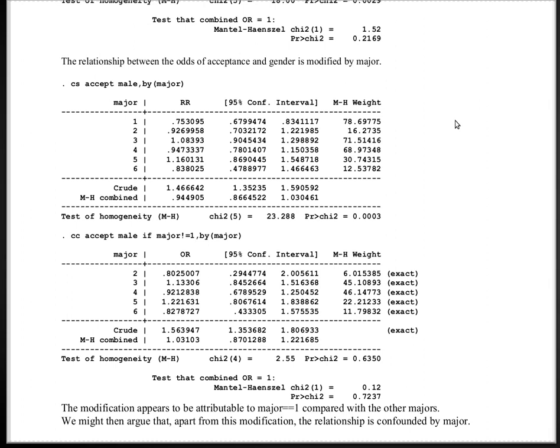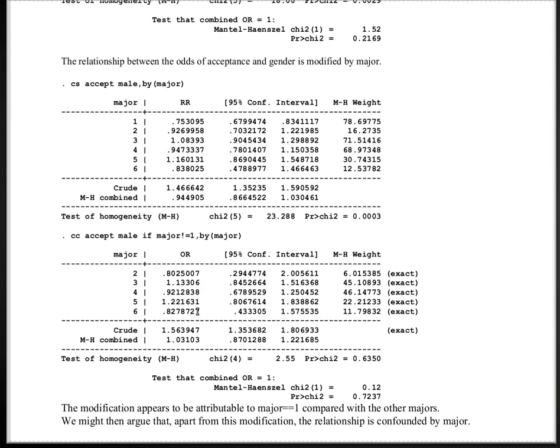And if we were to repeat this analysis, for example, excluding that very first major, then, maybe not too surprisingly, the evidence for modification goes away, and we don't get any clear indication of differences among the 5 remaining odds ratios. The test of significance with 4 degrees of freedom is not significant. These 5 remaining odds ratios are not materially different.